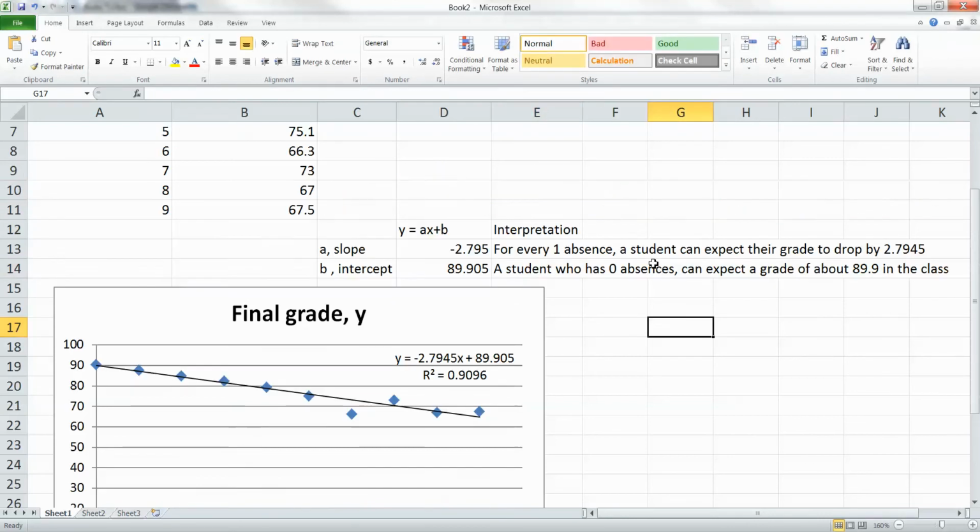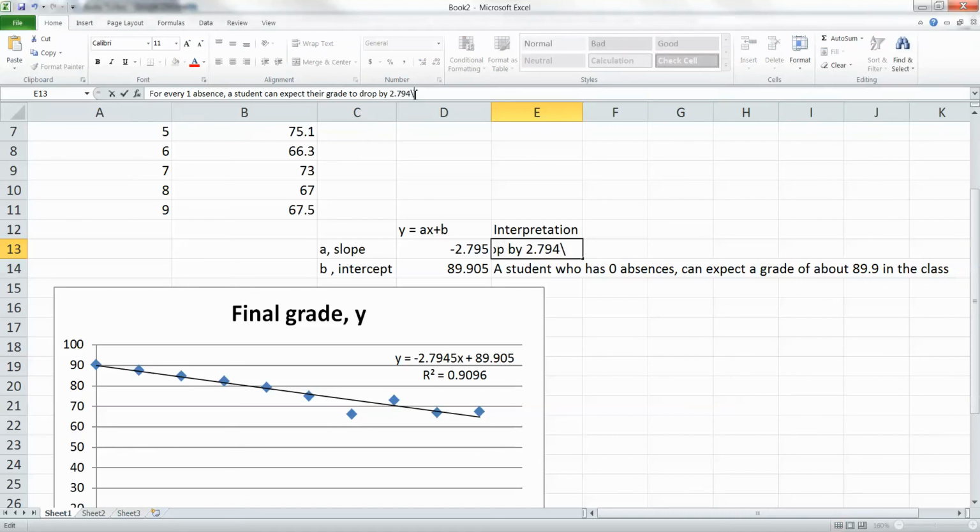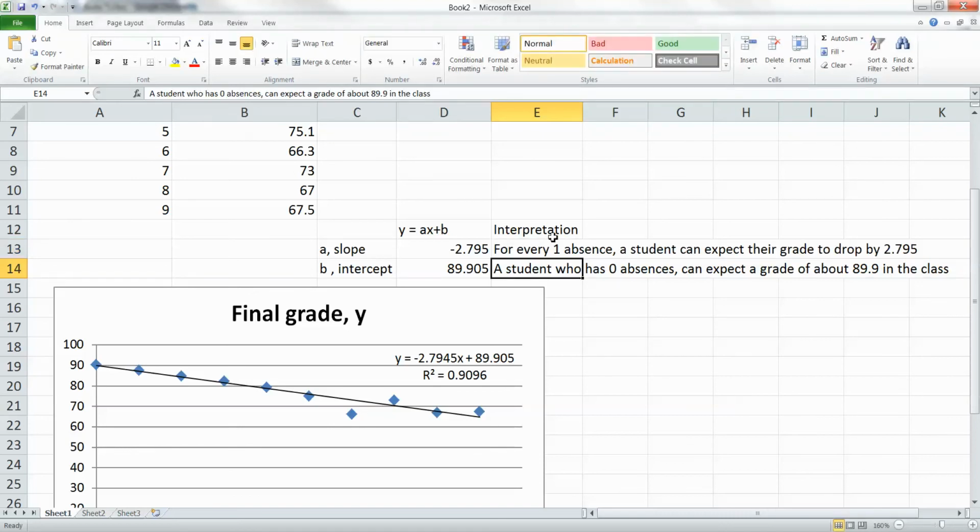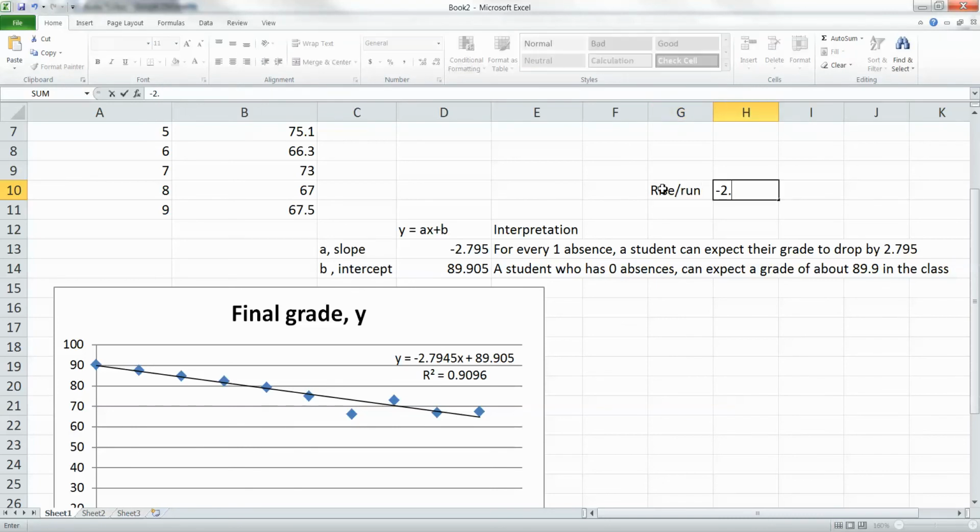Or 2.795 if you like. So rise over run, remember, is negative 2.795 over 1.